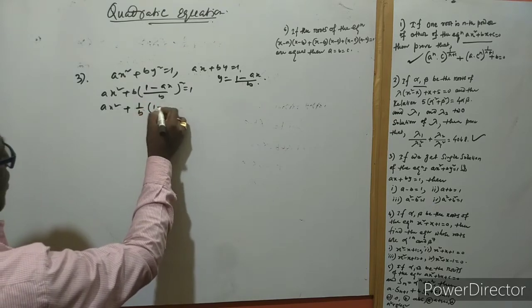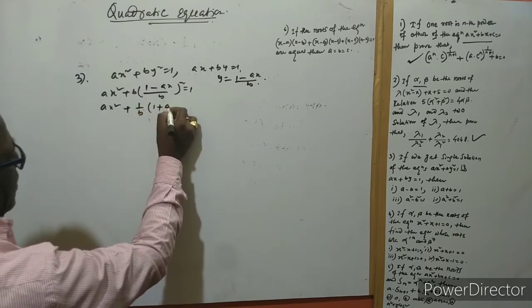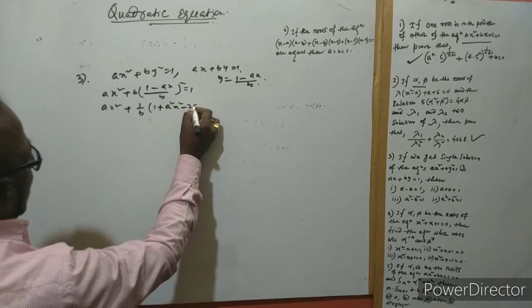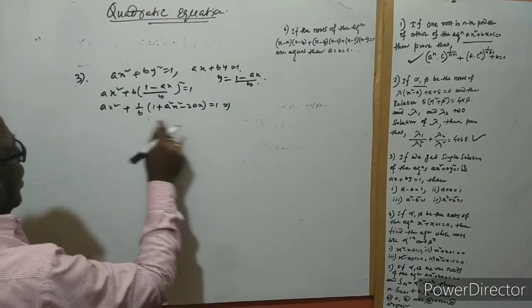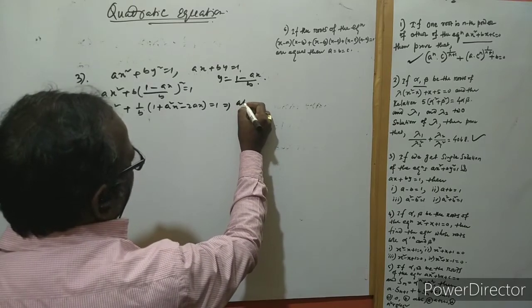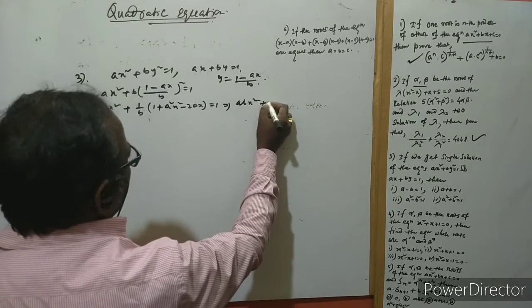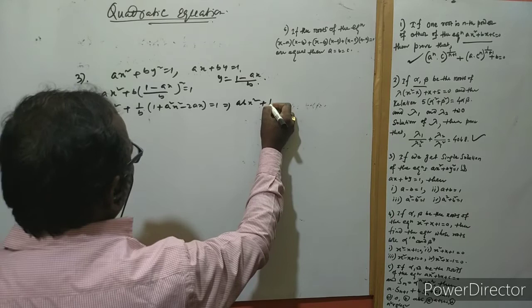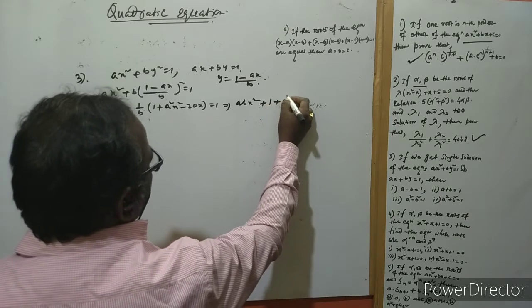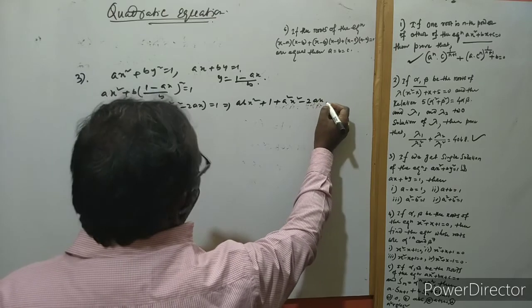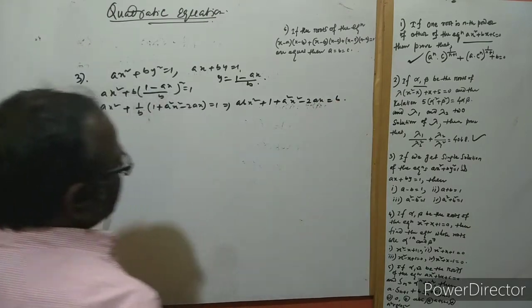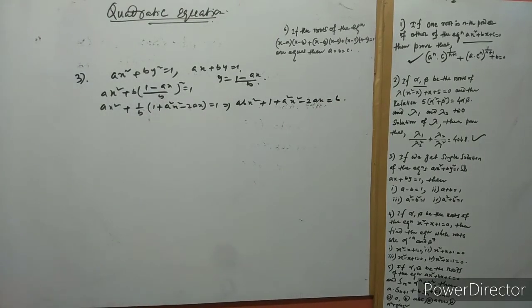Now expand this: 1 plus a square x square minus twice ax equal to 1. Again multiply by b, and that is abx square plus b times (1 plus a square x square minus twice ax) equals b on both sides. So on the right hand side is also b here.